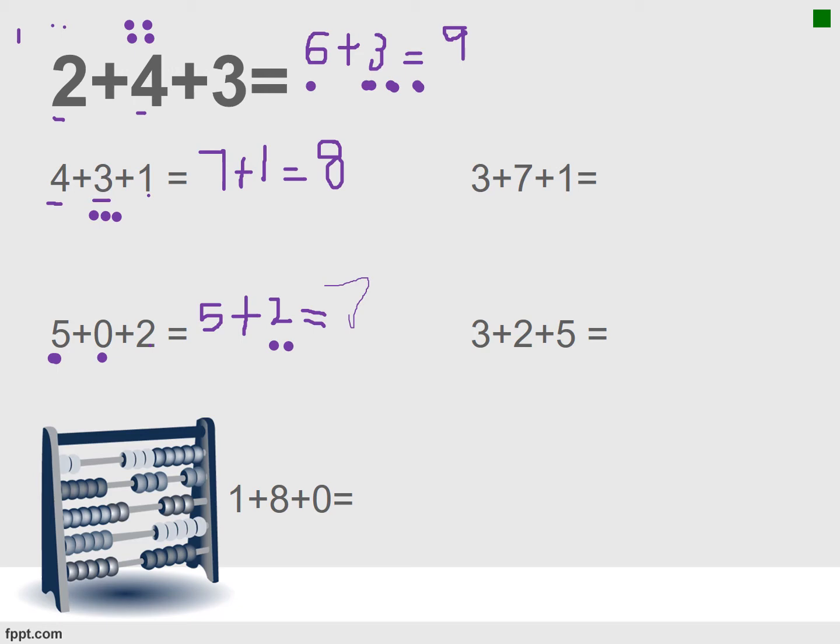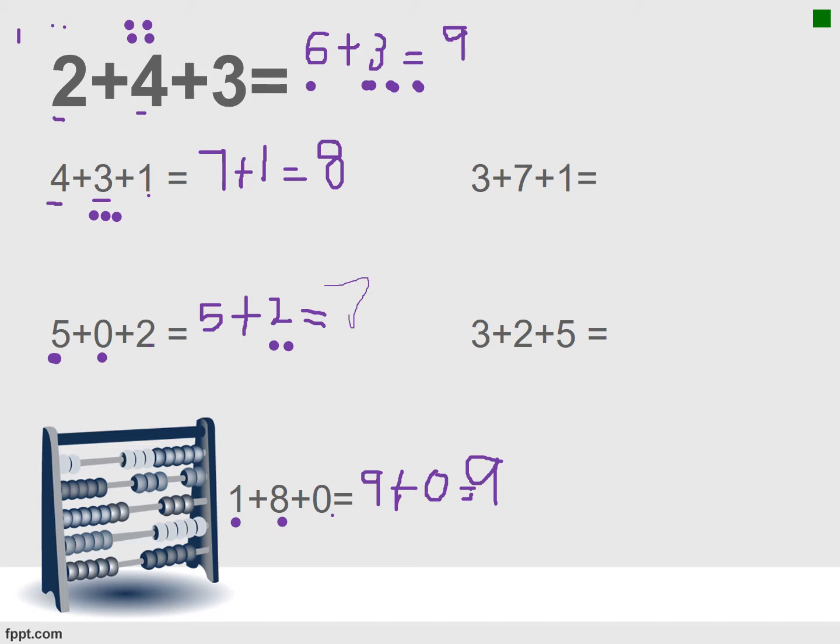Next, 1 plus 8. The first 2 numbers. 1 plus 8 is 9. 9 plus, what is the number you are left with? 0. So 9 plus 0 equals 9. Right?